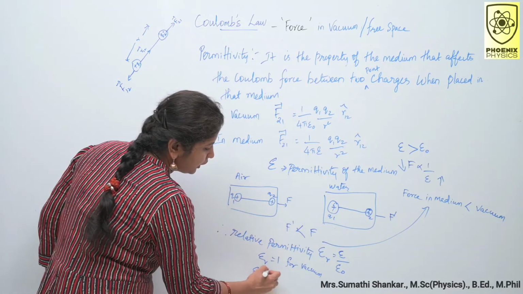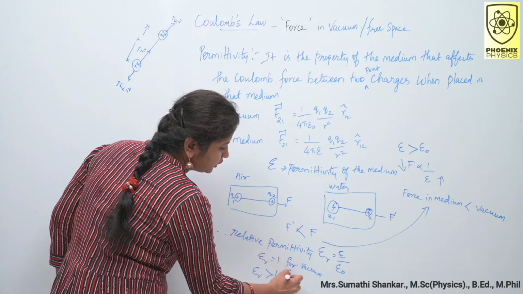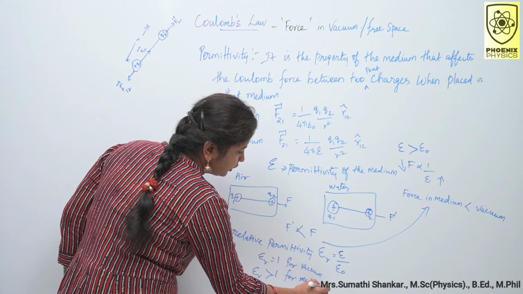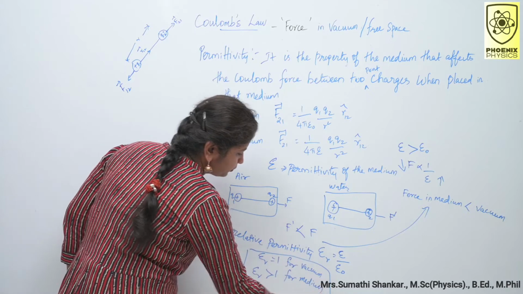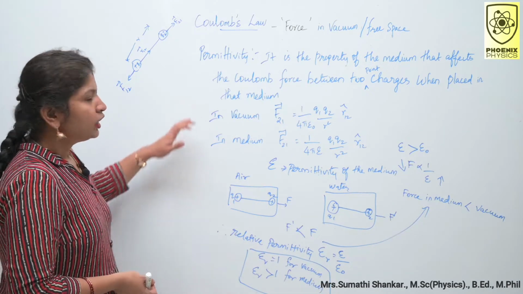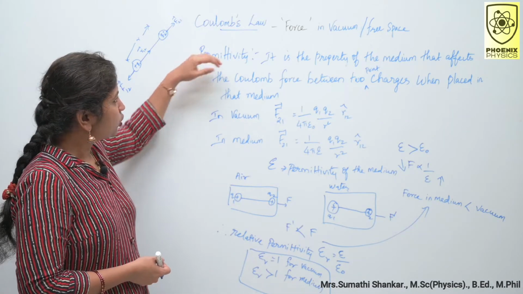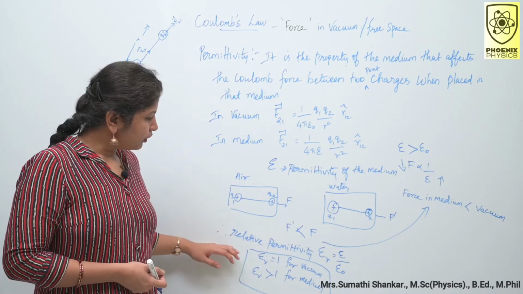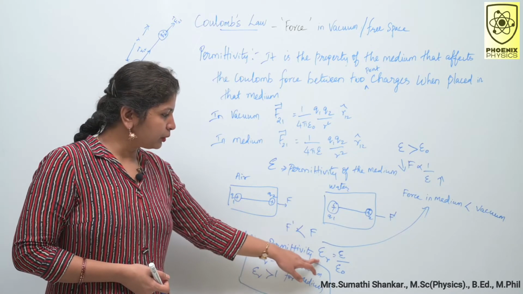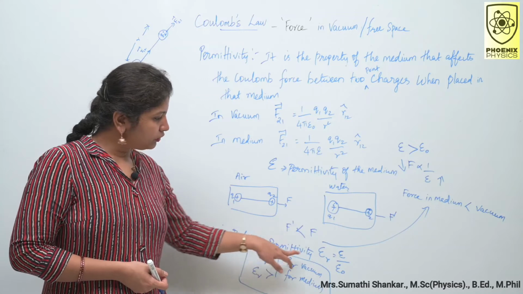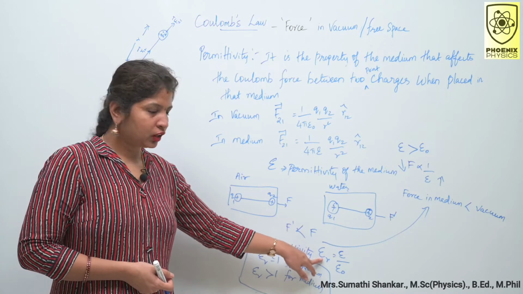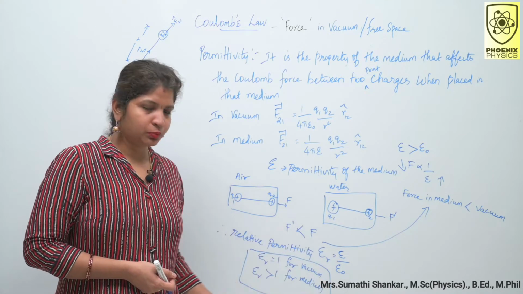Epsilon r is greater than 1 for a medium. This is our fifth point. In this fifth point, we discussed what permittivity is. Finally, we found relative permittivity, denoted by the letter epsilon r, which is equal to epsilon by epsilon naught.